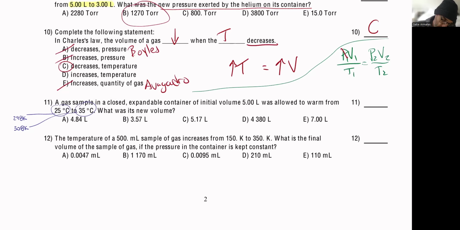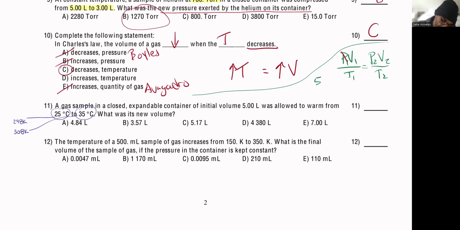Our initial volume was 5 liters with our temperature of 298 Kelvin. We're looking for the new volume. That pressure canceled. And our temperature is 308 Kelvin.